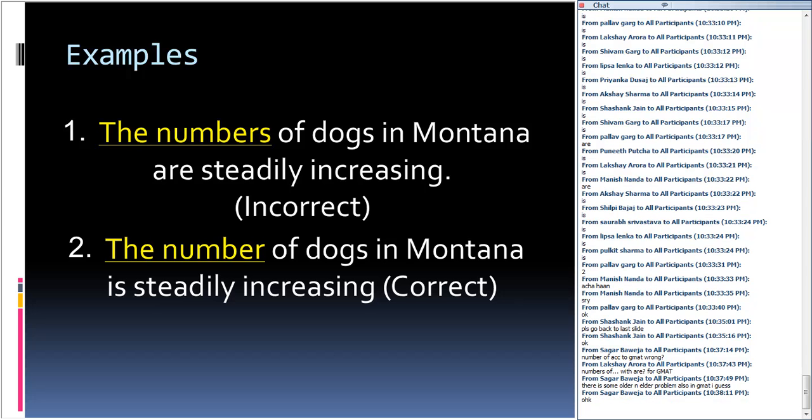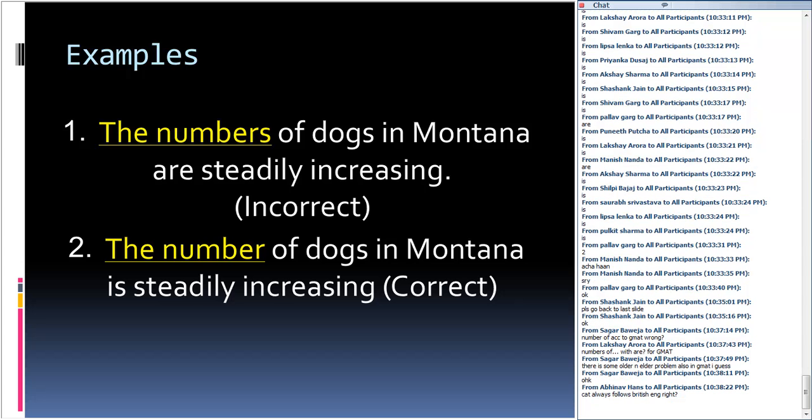Okay okay. Lakshya, what did you say? "Numbers of" with "are", what are you trying to say?